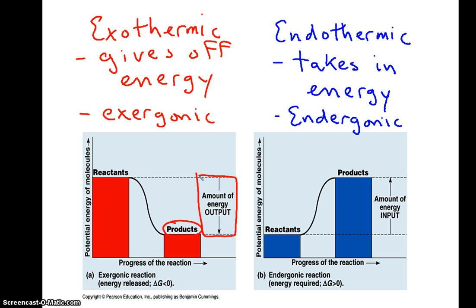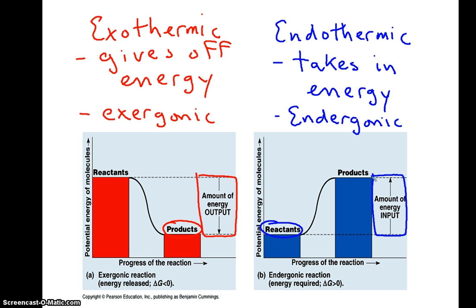The opposite of that is an endothermic reaction, and this is one that takes in energy. And another term that you might see that means the same thing is endergonic. And as you look here, our reactants start low and we end up high. So there is an input of energy in these ones.